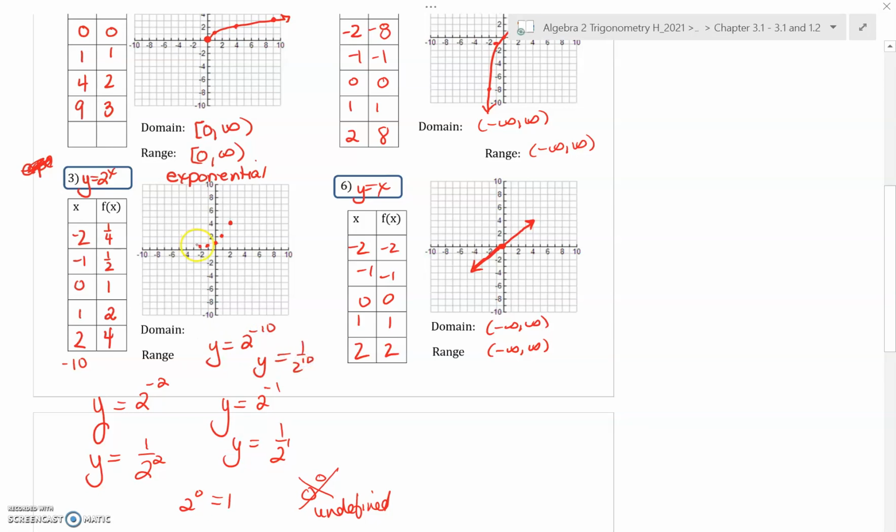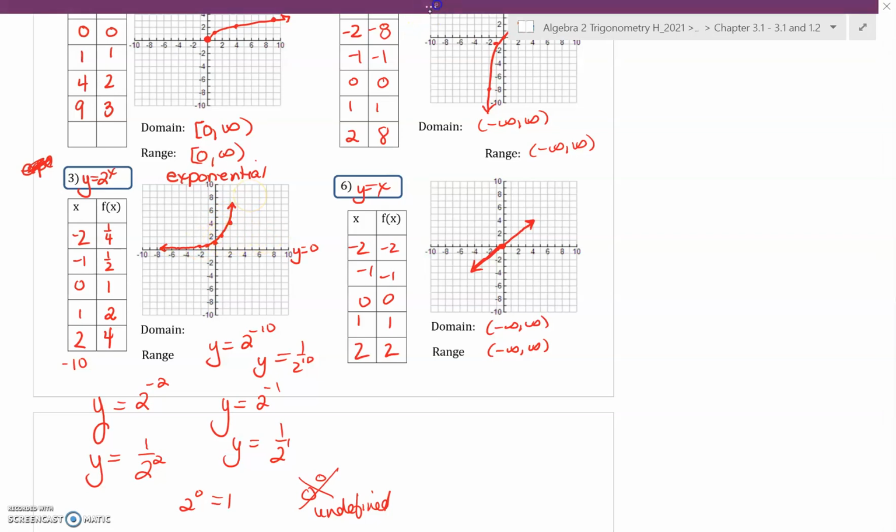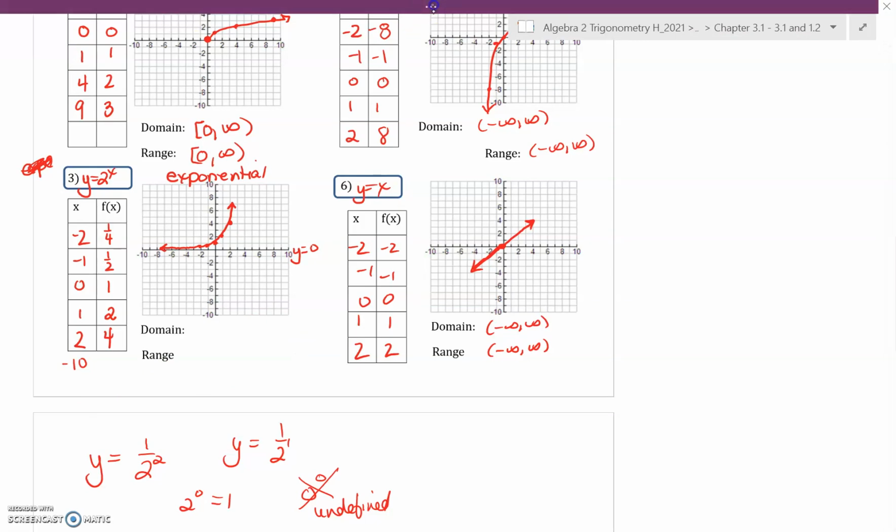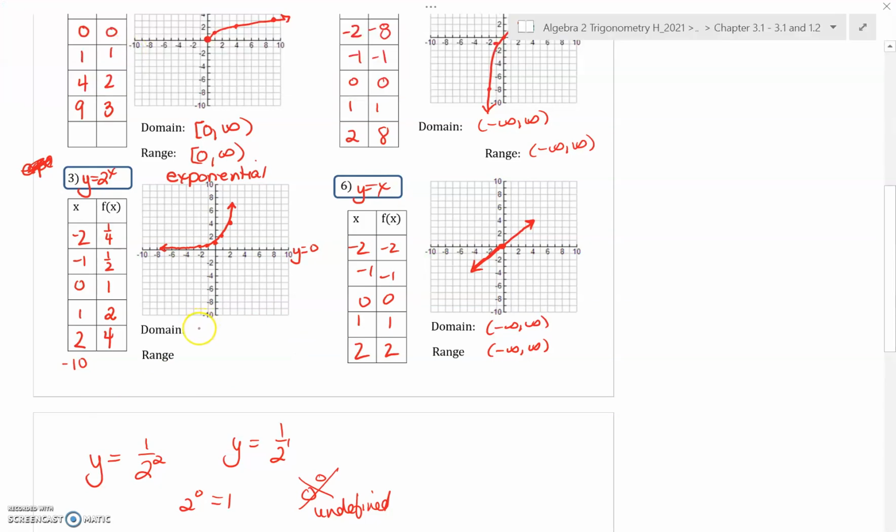So notice there's a horizontal asymptote here at y equals 0, and your graph is approaching 0. And as x gets larger, y gets larger. So now if I wanted the domain and range, the domain is all real numbers, but the range is from 0 to infinity, not including 0, because again, there's a horizontal asymptote. The y value does not equal 0.